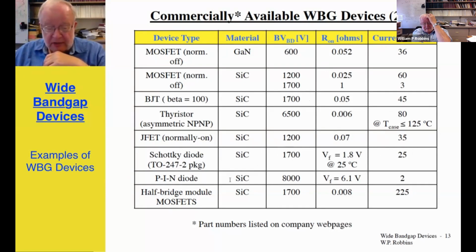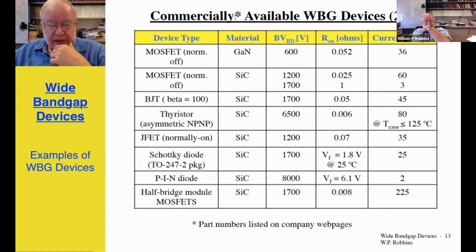A PIN diode silicon carbide at 8000 volts, 2 amps. A half-bridge module made out of enhancement MOSFETs, silicon carbide, 1700 volts, 225 amp capability.